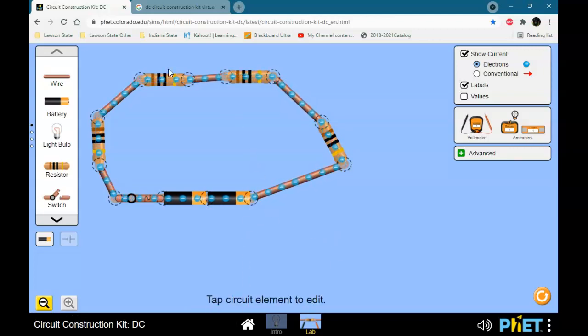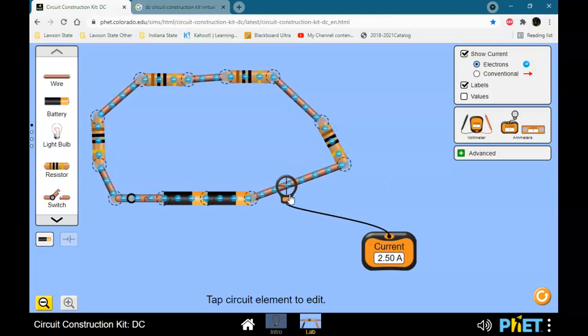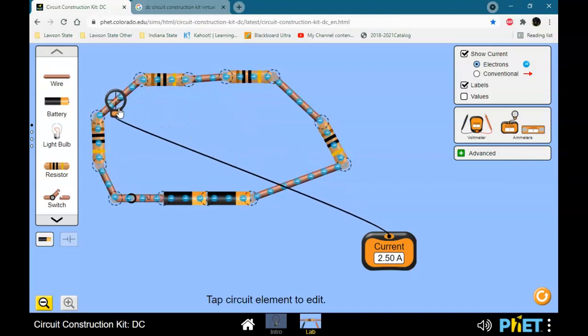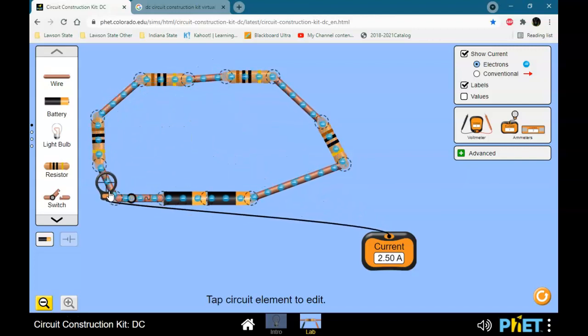Okay, so this is a closed actual circuit. Now, as you can see, the electron flow is moving fairly steadily because we've got 2.5 amps. By looking at this circuit this way, we can see, without having to put an ammeter in, the current is constant throughout everything, right?